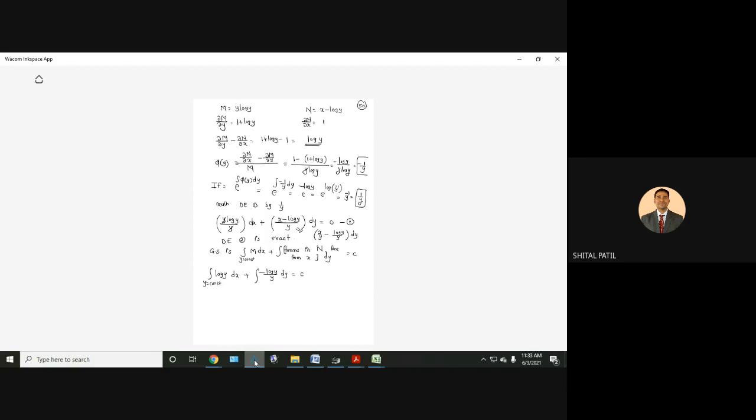Okay, how can we integrate this log y by y? Anyone? Very simple. By parts. No, not required. Suppose I take t equal to log y by substitution. What is dt? dy divided by y. Log y derivative is 1 upon y. Okay, so that will be simple. Now see, integration of the first term, log y constant.